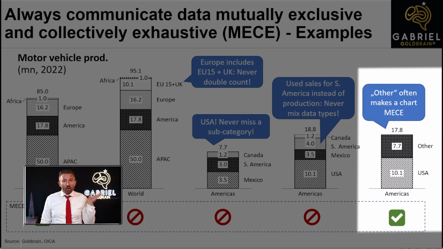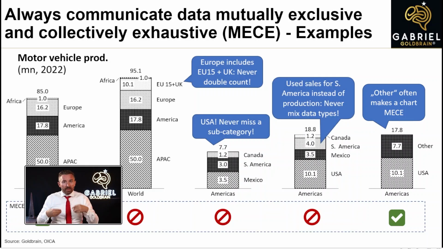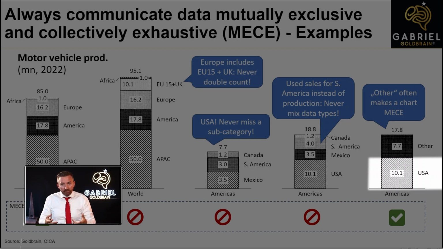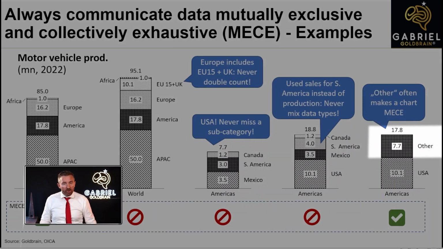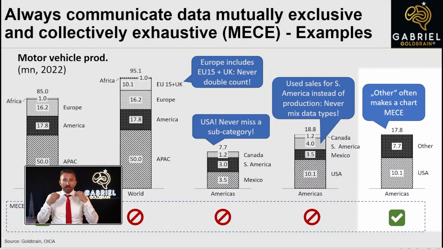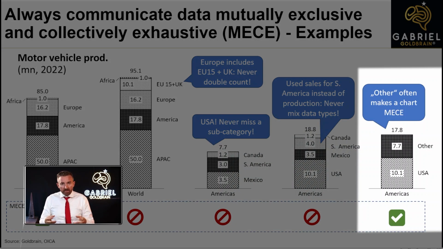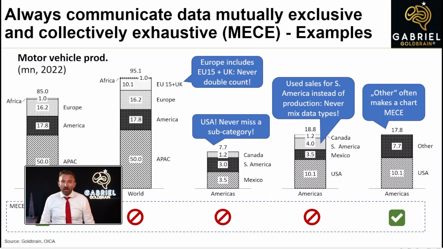The chart on the right of the slide gives a representation of the Americas motor vehicle production. It gives us the US figure and the other figure, which lumps everything else together. The chart is MECE because the total matches the Americas figure and there are no overlaps in the data. Therefore, the chart is MECE.